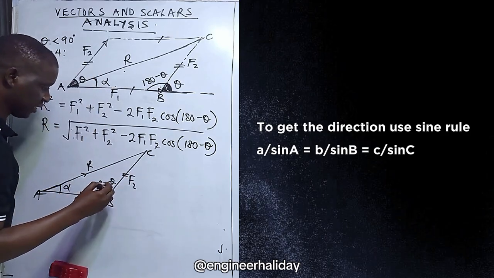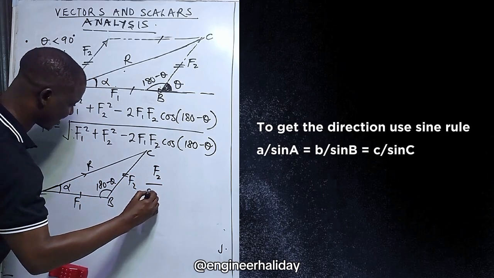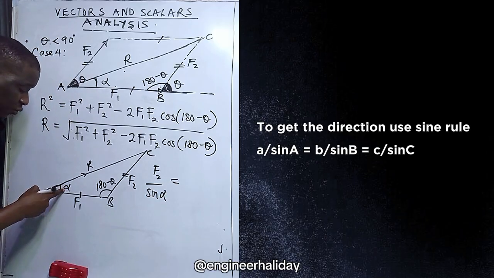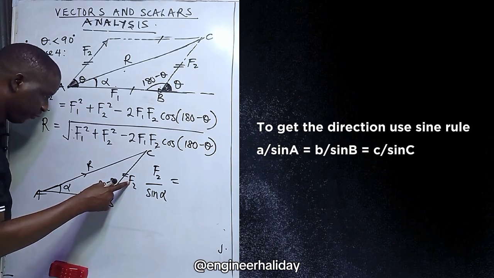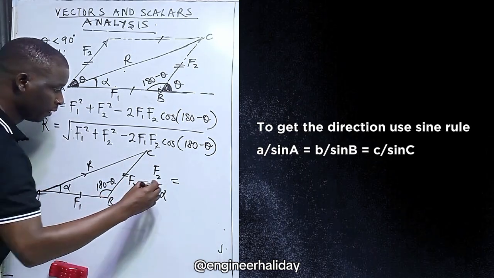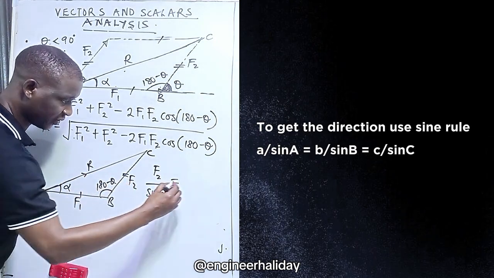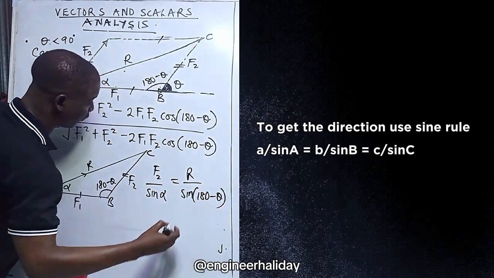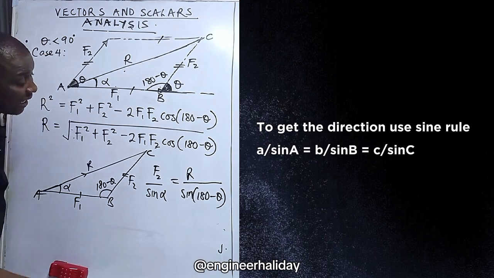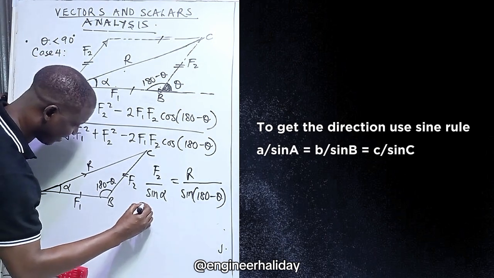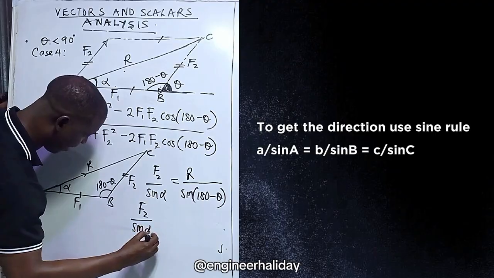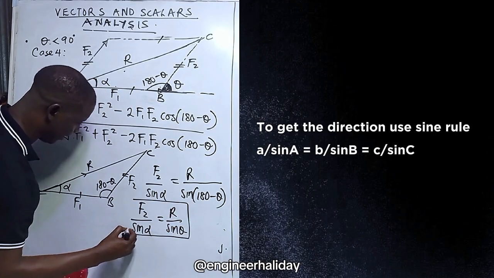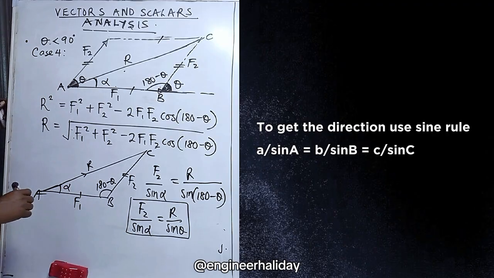So using the sine rule, F2 over sine alpha, because this angle is facing F2. Then R is facing 180 minus theta, so R over sine of 180 minus theta. Don't forget, sine of 180 minus theta is equal to sine theta. So we can write it as F2 over sine alpha equals R over sine theta. Then from here, you can get your alpha, which is the direction.